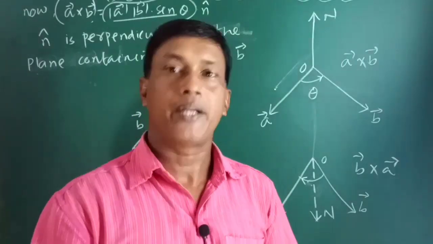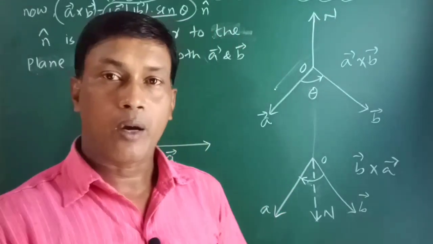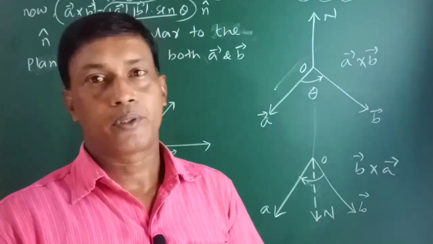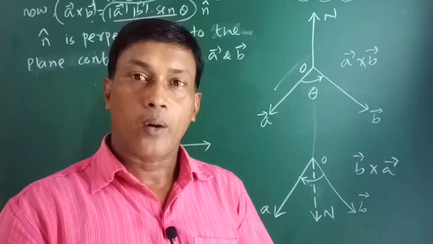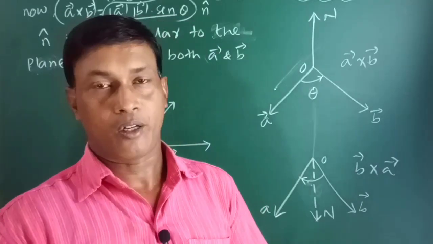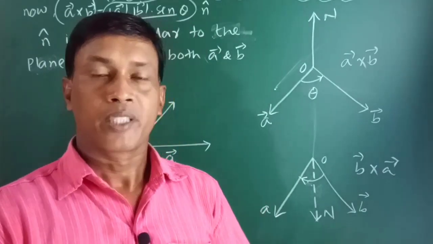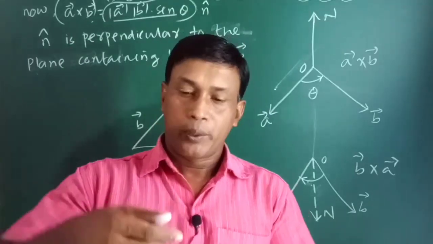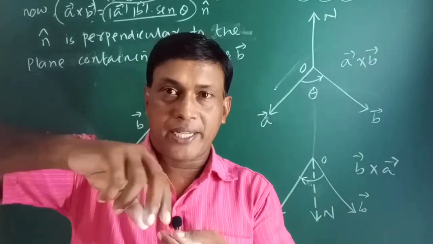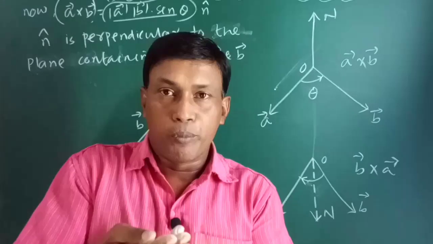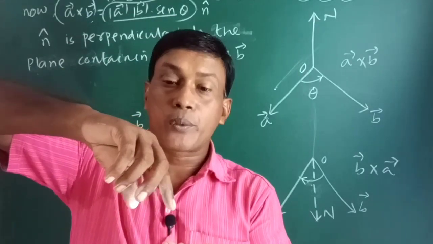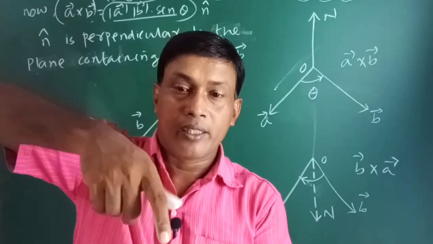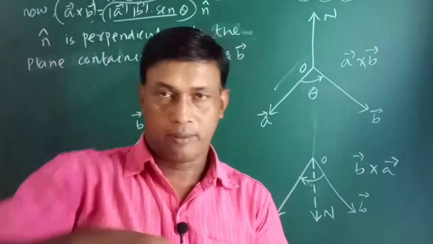You have an idea in your general life how a screw behaves. When a screw is rotated, what is the direction of movement, upward or downward? You know, if you rotate the screw in anti-clockwise direction, then it will move upward, and if you rotate the screw in clockwise direction, then it will enter downward.